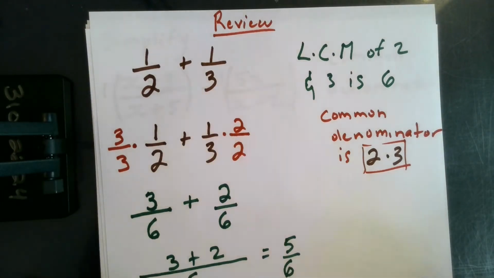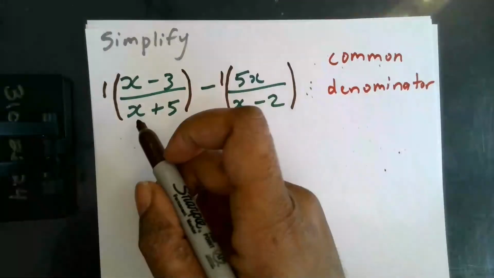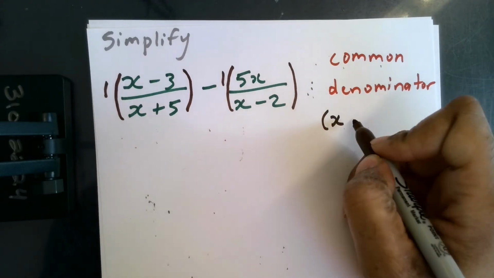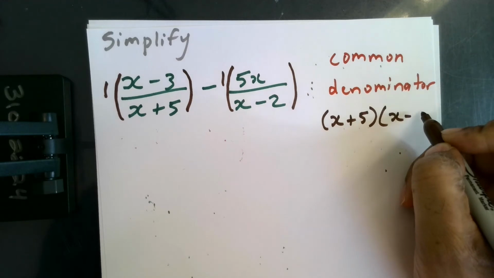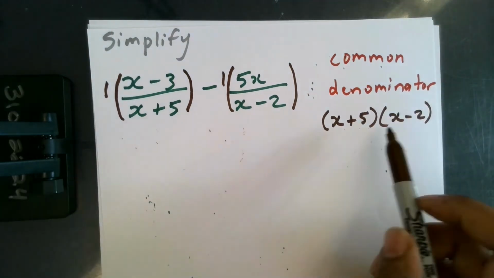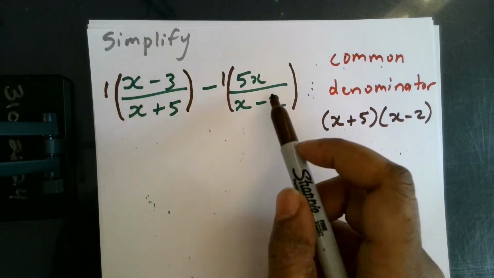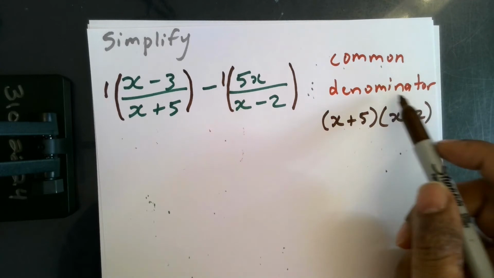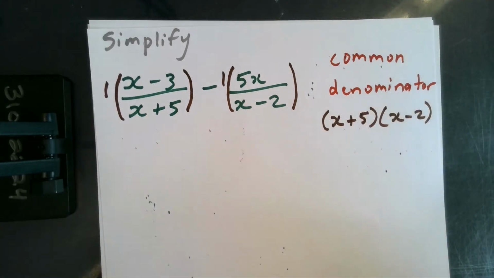Okay, so I'm going to say my common denominator is x plus 5 times x take away 2, and I leave it like this. All I did, I took the denominators and wrote them being multiplied together. Yes.